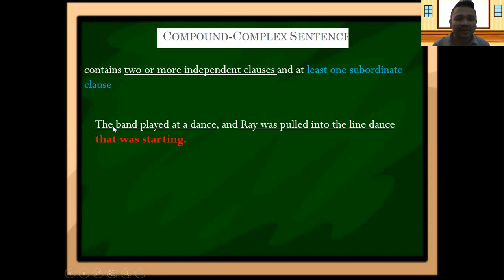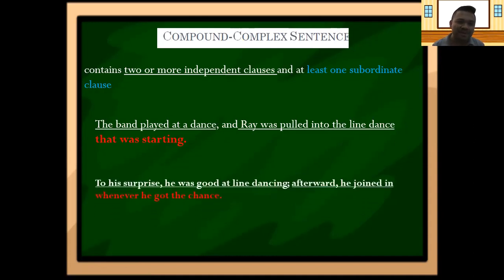"The band played at the dance" is the first independent clause, "Ray was pulled into the line dance" is the second independent clause, and "that was starting" is the subordinate clause. So take note: two or more independent clauses plus one subordinate clause is equal to a compound-complex sentence.